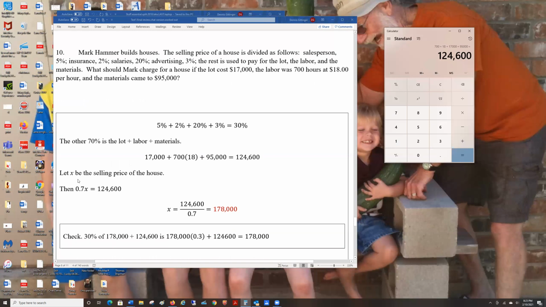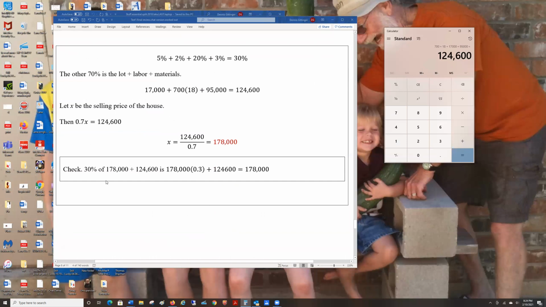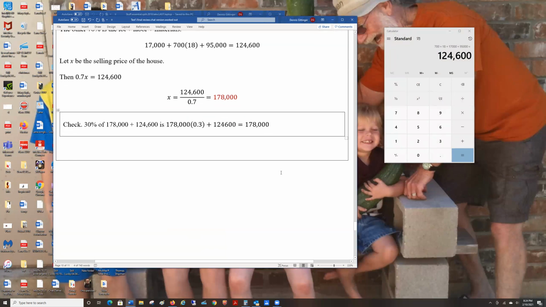So if X is the selling price, then 70% of it must be 124.6, which you divide by 0.7, get the selling price to be $178,000. And here's a little way you can check that if you like. Take 30% of that number, that's for those 4 little pieces there, and then add the lot, labor, and material. And guess what? There's the selling price. Perfect.